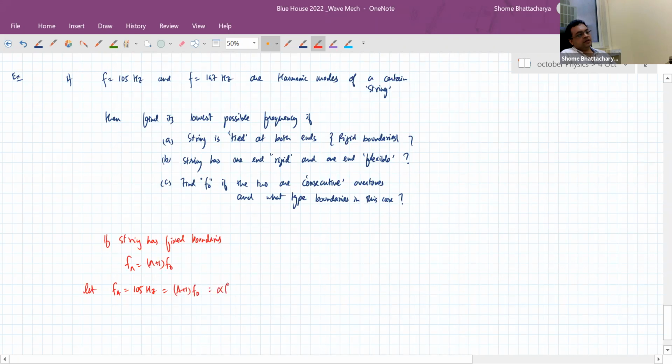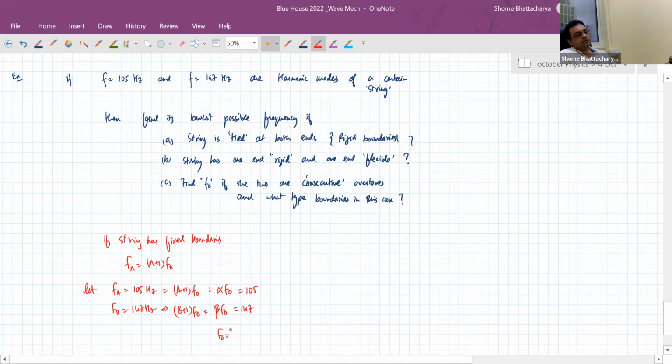So let's say that is alpha f naught, where alpha is a plus 1, and fb is 147 hertz. So b plus 1 f naught, let's say beta f naught, is equal to 105, and this is 147.